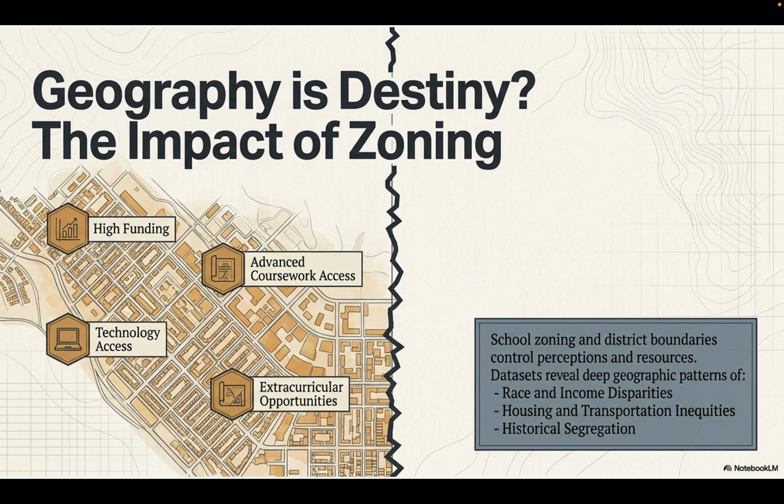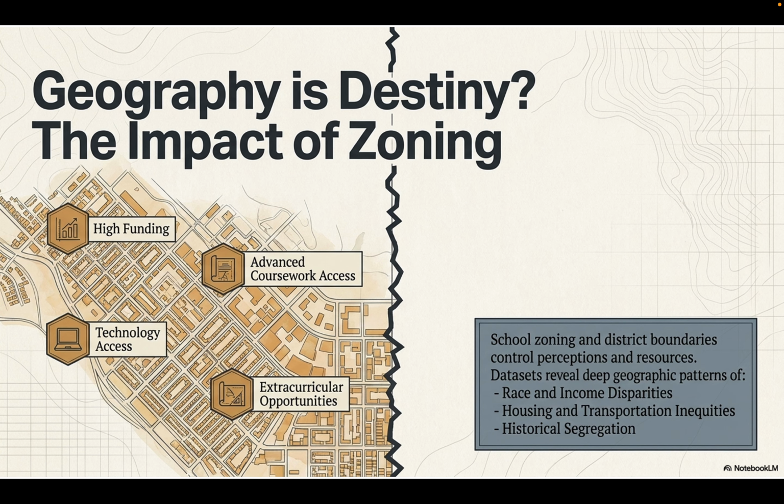Where students live is also something that shapes the educational opportunities available to them. School zoning and district boundaries influence the funding, access to certain courses, technology access, and extracurricular opportunities, as well as perceptions that people in the broader community, as well as those within the community, have about their school and the perceptions they have about where they live.